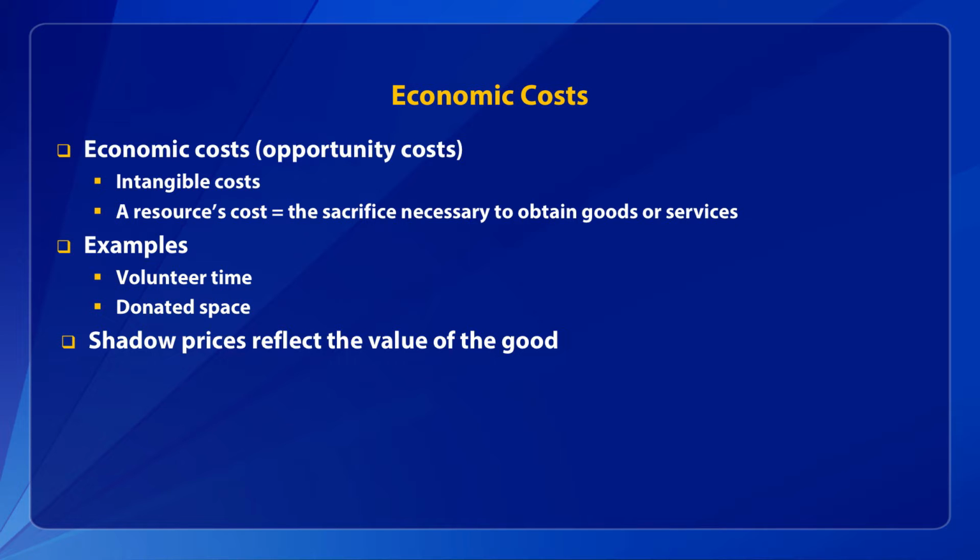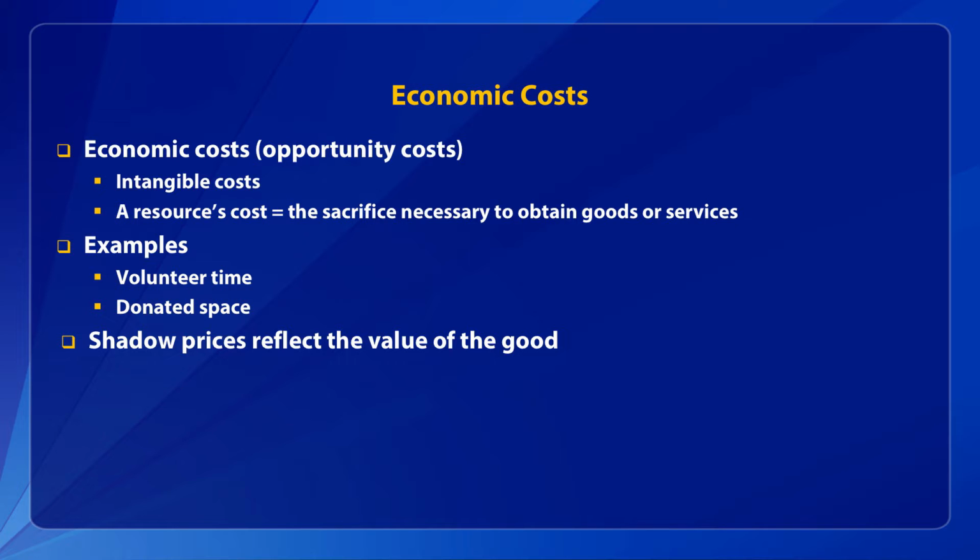Or the good may not have a fair market value at all because no money changes hands in the use of that resource. For example, volunteer time and donated space required to implement an intervention may not show up on the program's budget sheet because no money was required for their use. Yet, they represent a real cost of the program in terms of opportunities that would be lost if the resources were used for another purpose.